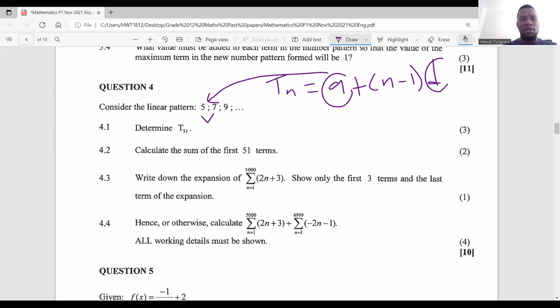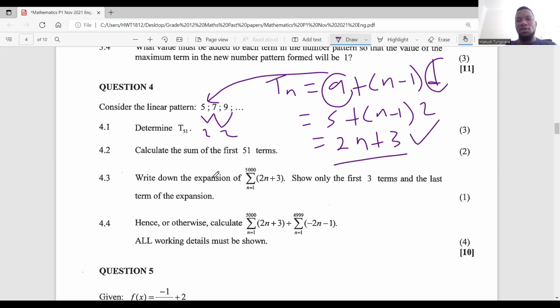If you look at these, the common difference is 2: 7 minus 5, 9 minus 7. So if we substitute, that's 5 plus n minus 1 times 2. If you solve that, we get 2n minus 2, and minus 2 plus 5 is 3. So we have 2n plus 3.